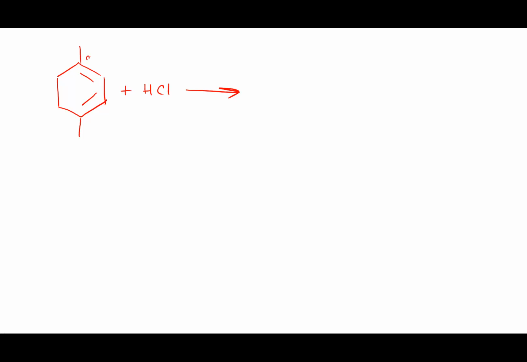So adding H plus to A or B, it doesn't matter whether it's the top A or the bottom A, or the top B or the bottom B. So my question is, we're going to add H plus to a double bond. Where are we going to add the H plus? To A or to B?